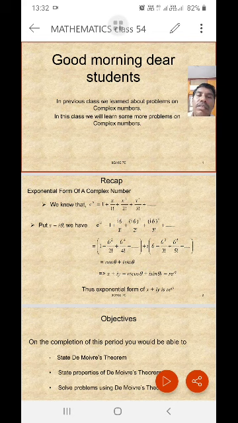After converting so the bases are the same, then apply the formula a power m into a power n equals a power m plus n. And if the expression is in the form a power m by a power n, then we write a power m minus n. Already you know these formulas, but still I am reminding you. If you remember only these three rules, you can easily simplify the questions or problems. So very easy.